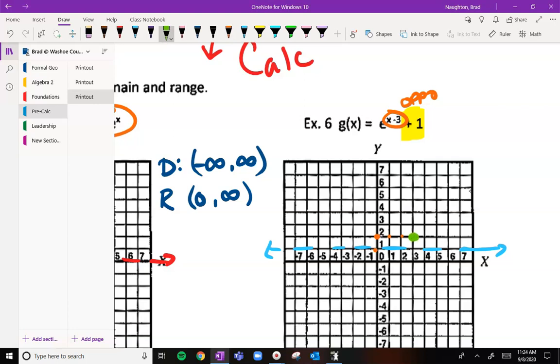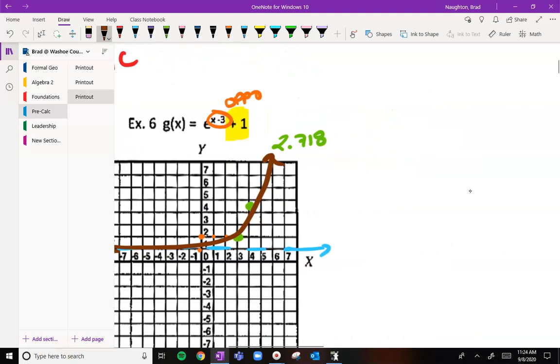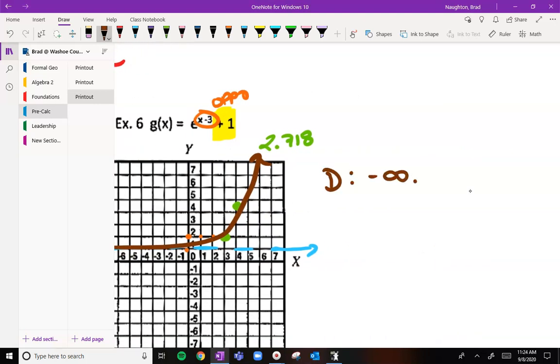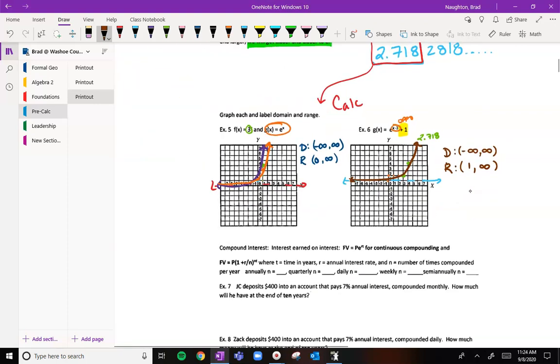And then because it's e, again, that's 2.718, which is almost 3. You're going to go over 1, up 2.718. There you go. So even though we shifted, our domain is still from negative infinity to infinity, and our range is going to be from 1 to infinity. So notice we're getting a little bit faster with this because it is a little bit easier and you don't need the table.